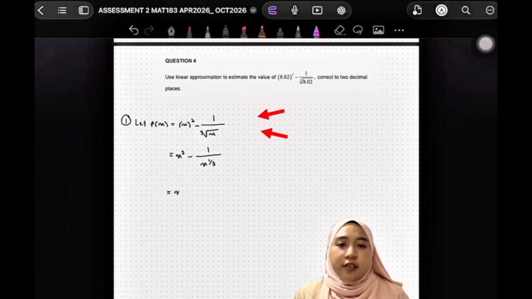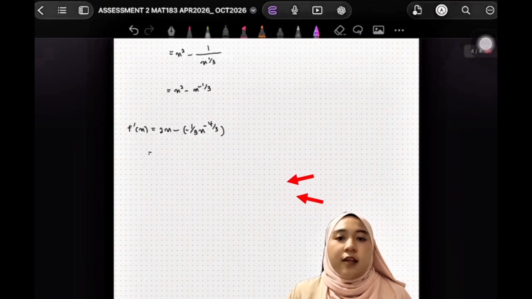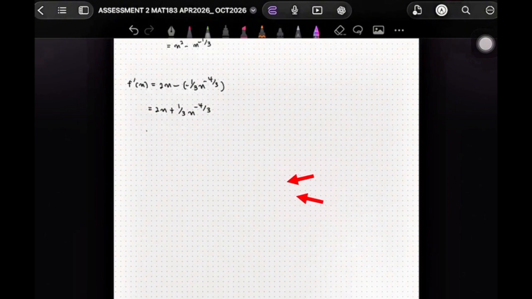Then we rearrange it and it becomes x squared minus x to the power of negative 1 over 3. Next step, we differentiate the equation and it becomes 2x minus negative 1 over 3 x to the power of negative 4 over 3. Then we rearrange and it becomes 2x plus 1 over 3 x to the power of negative 4 over 3.